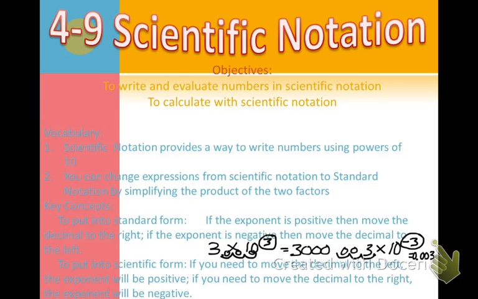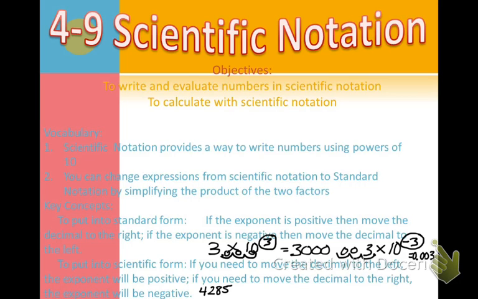Okay, so this time, if it's in standard form and we need to turn it into scientific notation, so say it's 4,285, how do I turn this into scientific notation? Where is the decimal located?